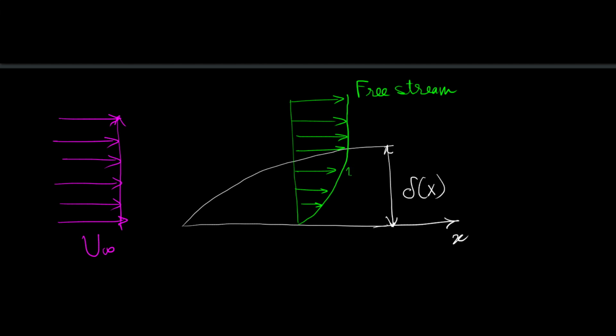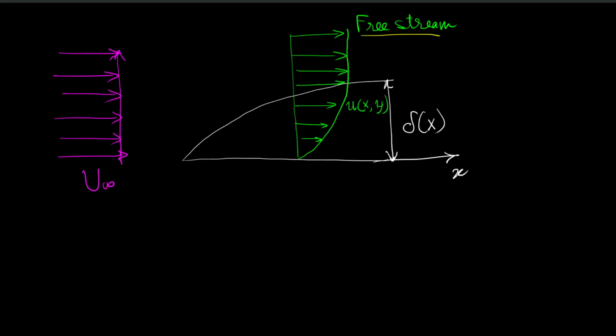And obviously here u will be a function of both x and y. And because there is a reduction in the flow rate over here, del u del x is negative. So you expect a v velocity to exist, and we'll see what that amounts to.